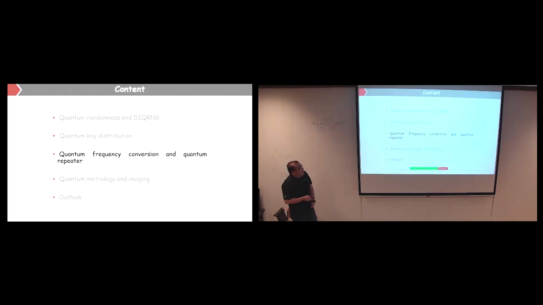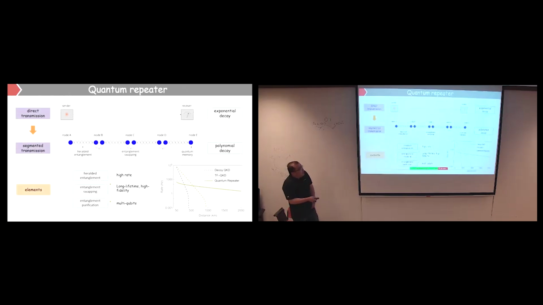I'll go to the third topic, quantum frequency conversion for quantum repeaters. This picture is good to see: for decoy state or MDI QKD, this is the distance, or the fiber loss, and here is the rate. You can see the decoy state MDI QKD rate decreases very quickly.